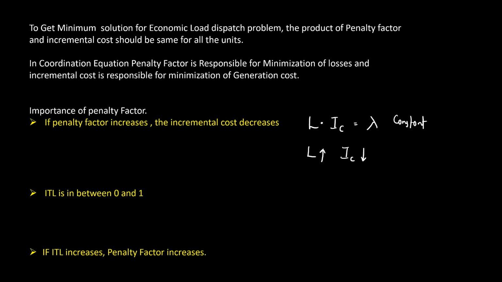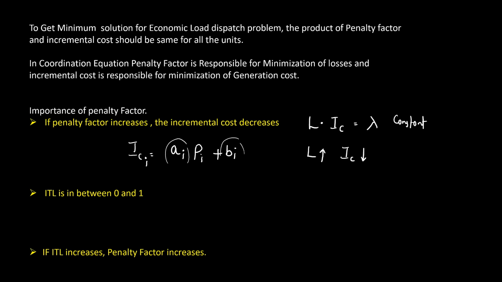So what is the formula for incremental cost? What is the standard format? Incremental cost of the ith unit is AiPi plus Bi, where Ai and Bi are the cost coefficients, which are constants.